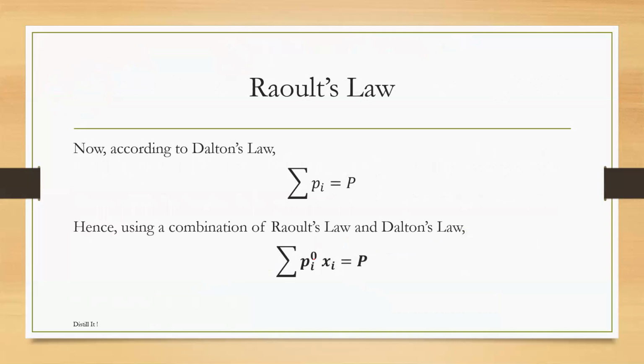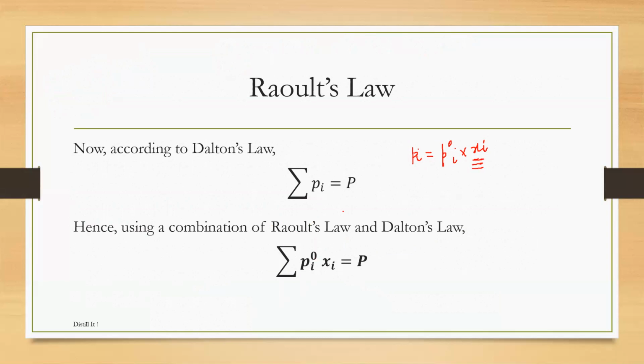Then, according to Dalton's law, we know that the sum of all partial pressures is equal to the total pressure. And we know that by Raoult's law, partial pressure is equal to vapor pressure times mole fraction in the liquid phase.